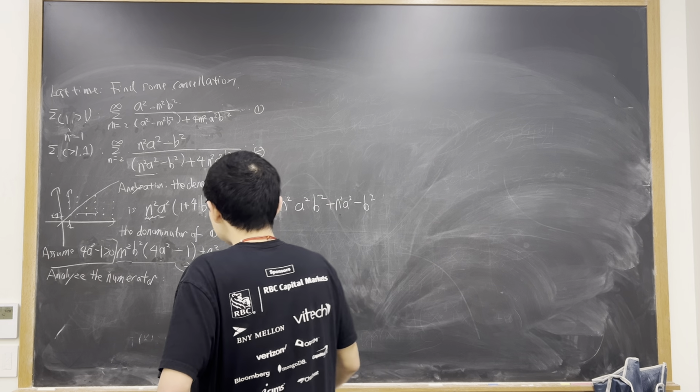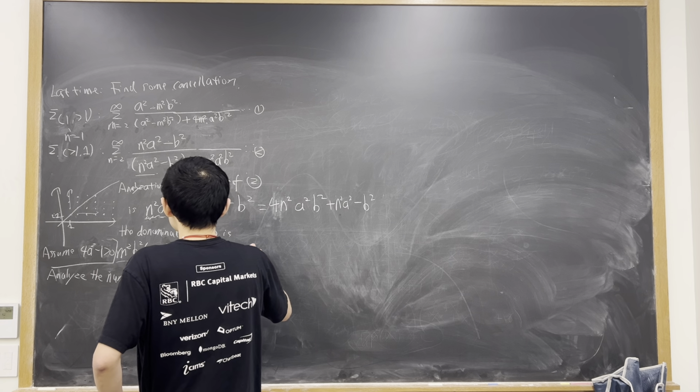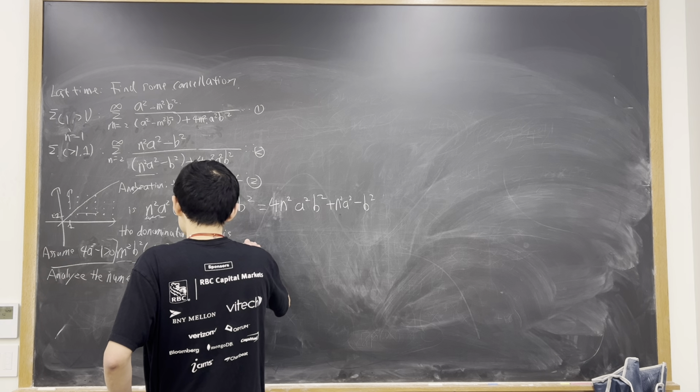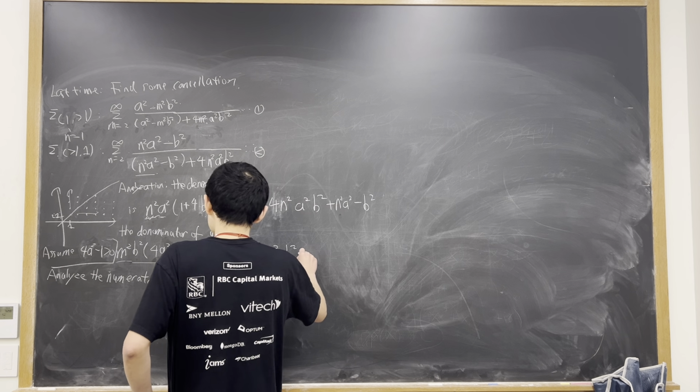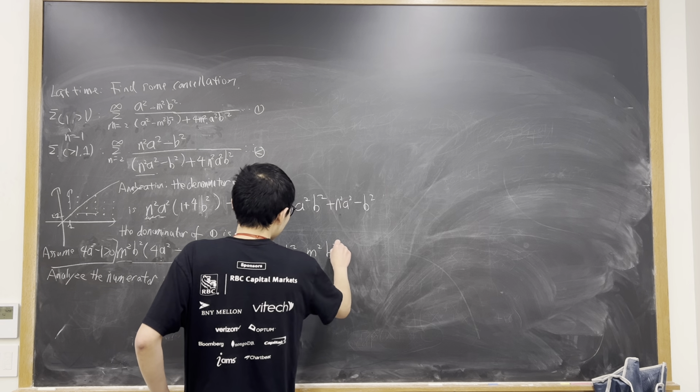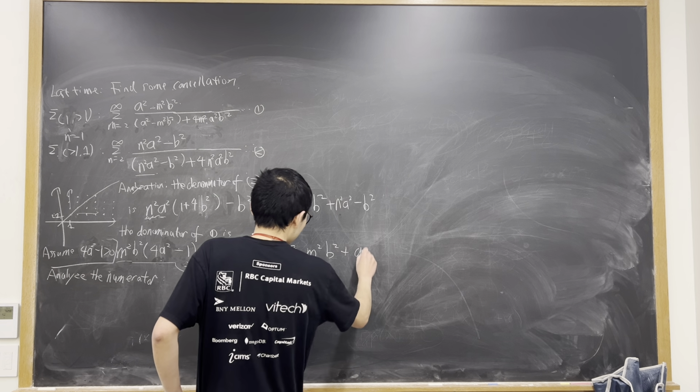And then this one is equal to 4m squared a squared b squared minus m squared b squared plus a squared.